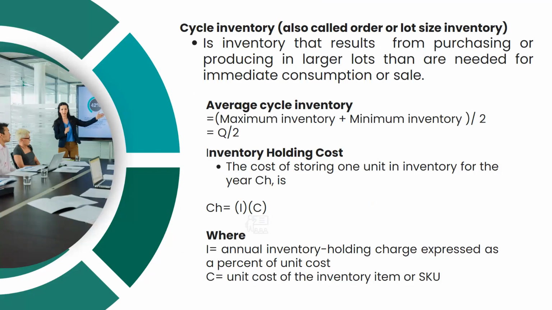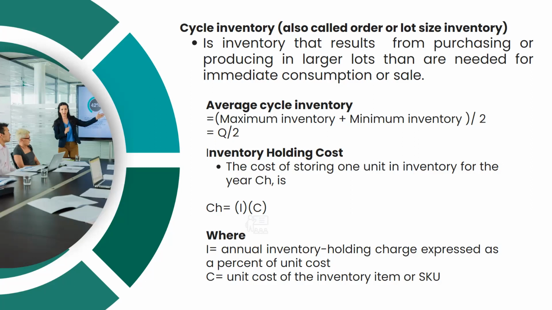Sa cycle inventory naman, ito yung sa lot size inventory or yung pag-rent natin sa storage space, labor, or insurance para dun sa mga item. Then average cycle inventory is maximum inventory plus minimum inventory over 2, or quantity over 2.